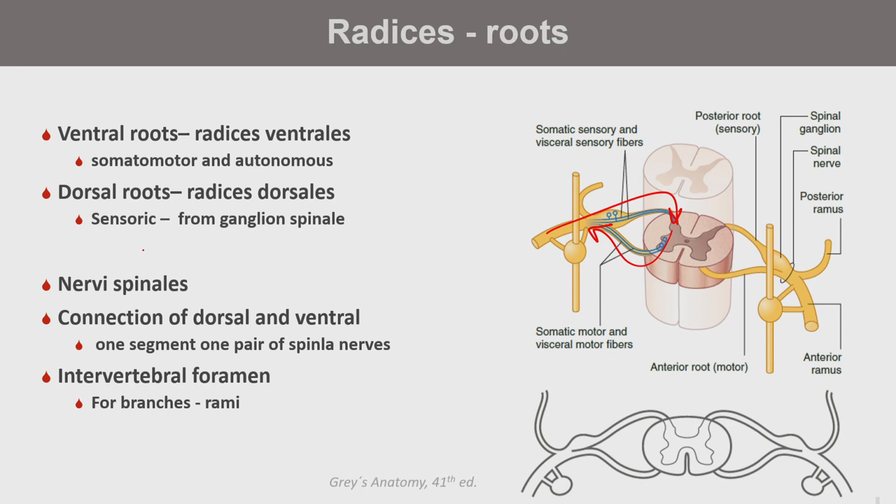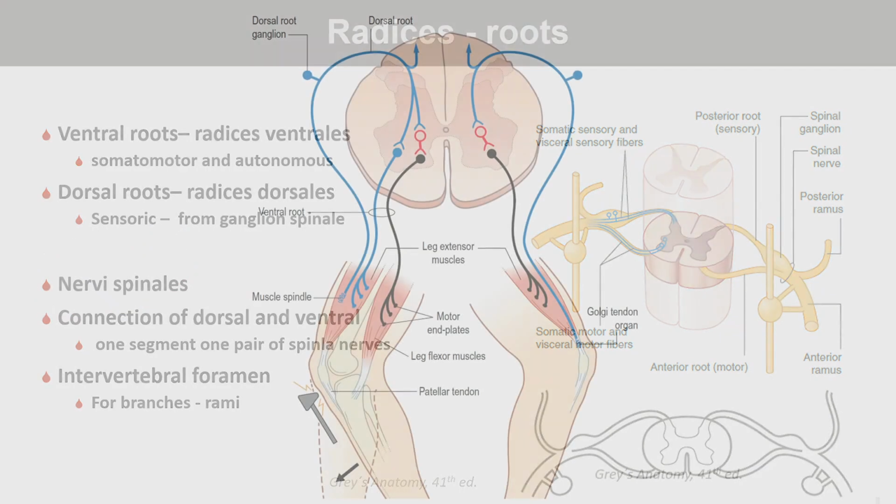And then we have a spinal nerve, and the spinal nerve is something different than the root. The spinal nerve is a peripheral nerve which is divided into the ventral and dorsal branches. So then it's important.